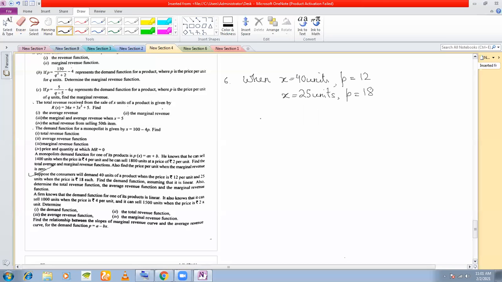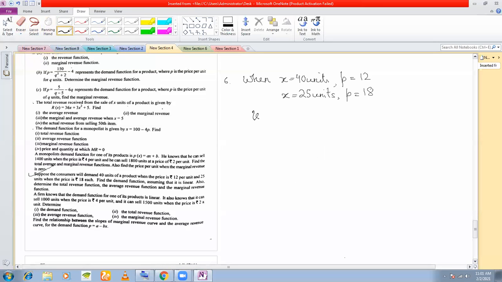Linear algebraic expression is like ax plus b, right? Quadratic expression is ax square plus bx plus c, right? Cubic is ax cube plus bx square plus cx plus d, right? If the demand function is linear, it will look something like ax plus b. That means the power of x will be 1.